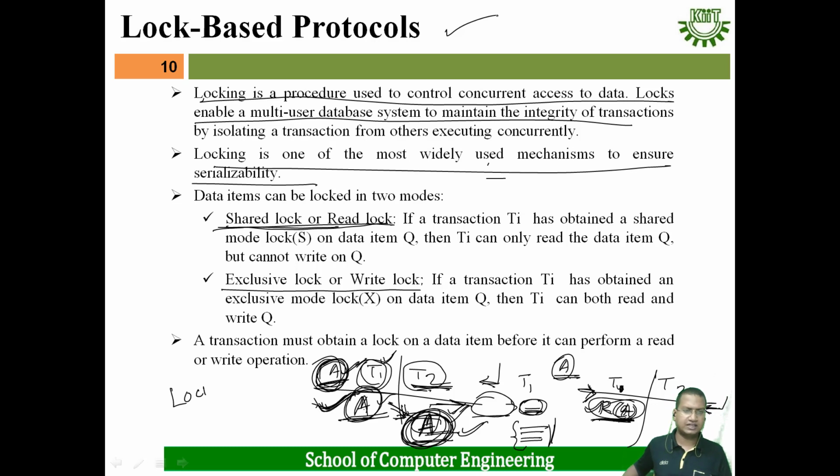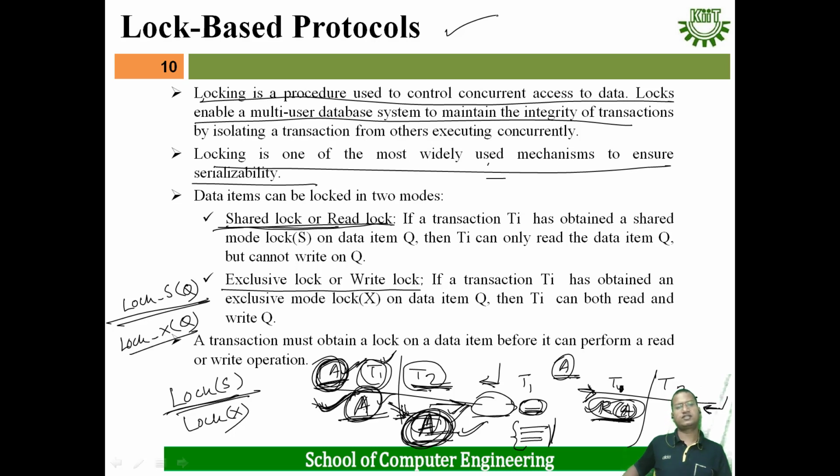Read lock is represented by lock S and write lock is represented by lock X. Suppose transaction T1 wants to apply a read lock on data item Q; we write Lock_S(Q). And suppose transaction T2 wants to apply an exclusive lock or write lock on data item Q; we write Lock_X(Q).